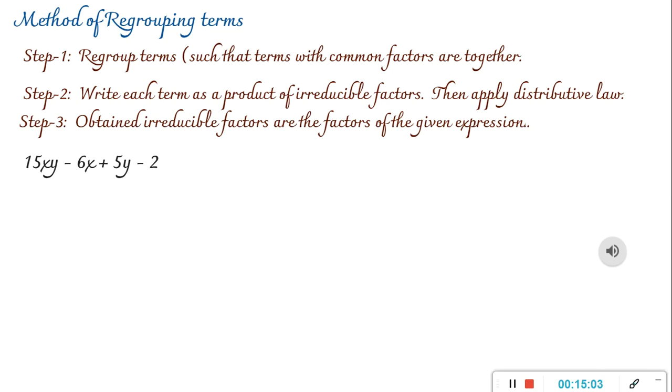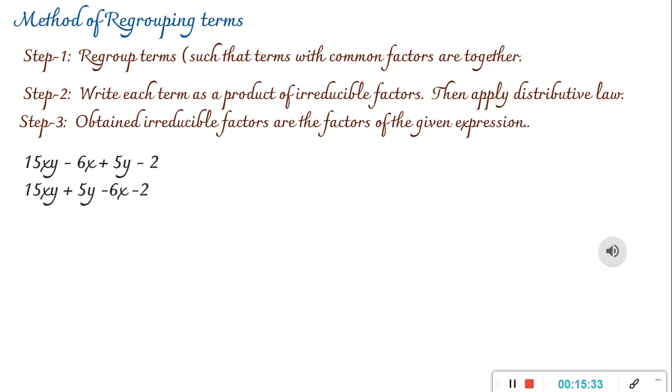If you compare 15xy with 5y, 15 is 5 into 3, right? So these two have more in common. Similarly, 6x and 2. 2 into 3 is 6, right? So 2 is a common factor in both cases.